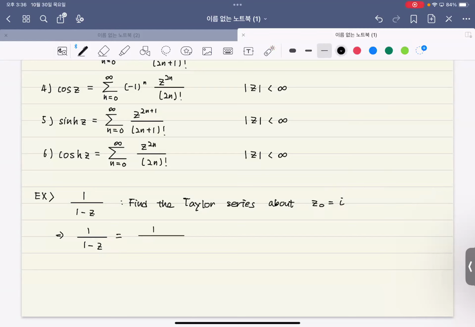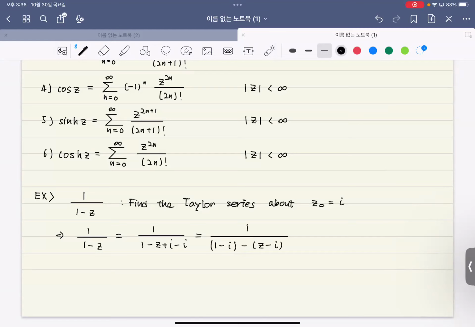But you cannot get that number for free. So 1 minus z, and I will need plus i and minus i. Then this is going to be 1 minus i, in parentheses, minus z minus i.